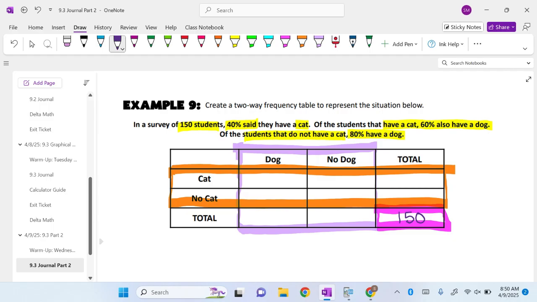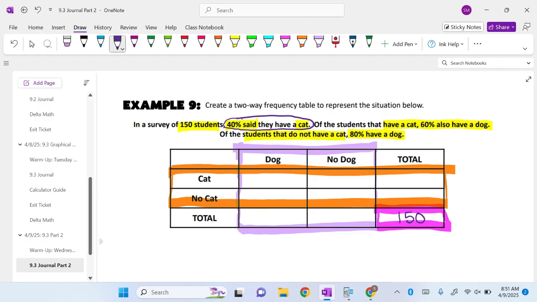Now, the next step, what do you think the next step I would use to find? What part of this problem would be the most logical step to do next? So I would go with the next part of the sentence. 40% said they have a cat.